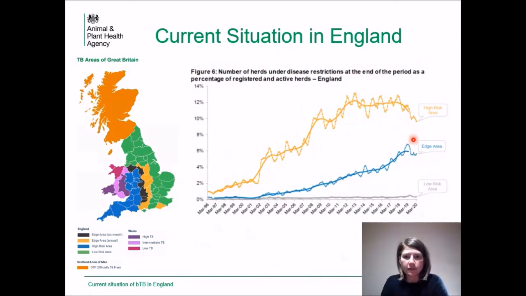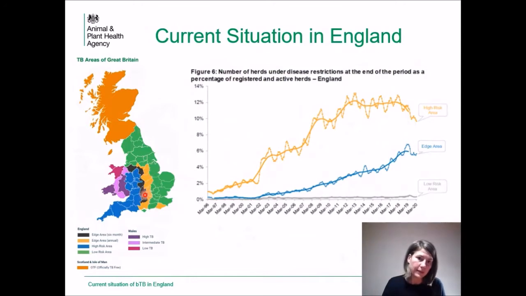On the left-hand side, you see a map of Great Britain, and it shows the division of England and Wales into 3 risk areas, which are directly linked to prevalence of the disease and require different surveillance measures. So in green, you have the low risk area with the lowest prevalence of disease.